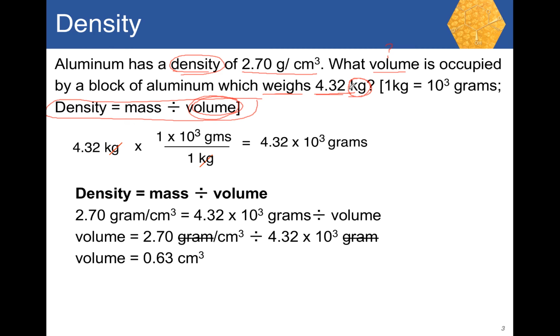So we'll have to convert this 4.3 kilograms to grams. Here is the conversion factor. 1 kilogram is equal to 1 times 10 to the third grams. Here again is your scientific notation. So again, make sure you have a calculator that you can use for scientific notation.